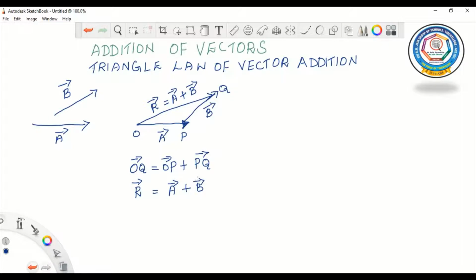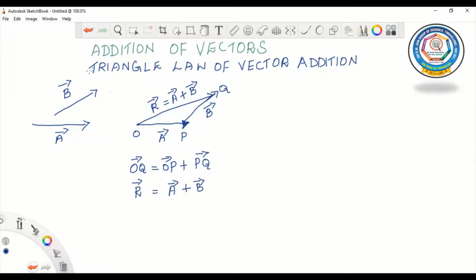Now, let us consider two vectors, A vector and B vector, inclined to each other at an angle theta. By using the triangle law of vector addition, how can we find the magnitude and direction of the resultant?